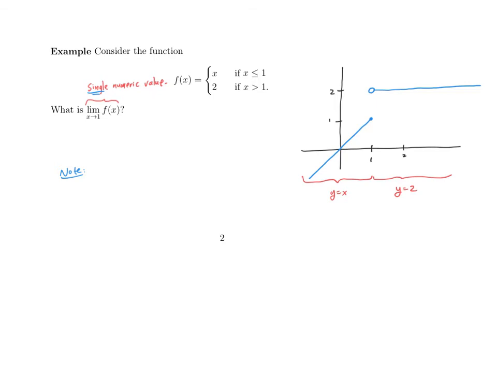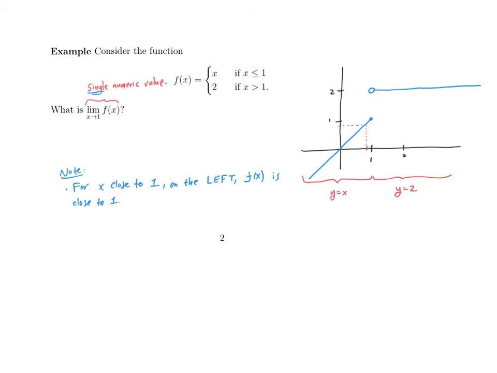So let's see if we can put a few details into this. So for x close to 1 on the left, and it does matter whether we're to the right or the left of 1, when we're close to 1, but specifically on the left, f of x, the function output, is close to 1. So if we have an input close to 1 on the left, the function output is going to be close to 1.